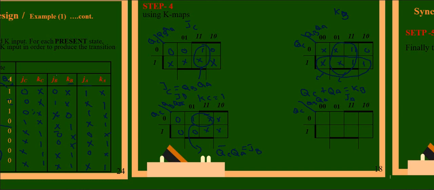Here we have 1, don't care, 1, don't care, then 0, don't care, 0, don't care. So we can do only the one grouping, that is the first 4 possible. So all the columns are selected, so we can take directly QC bar. So our answer JA is equal to nothing but QC bar.